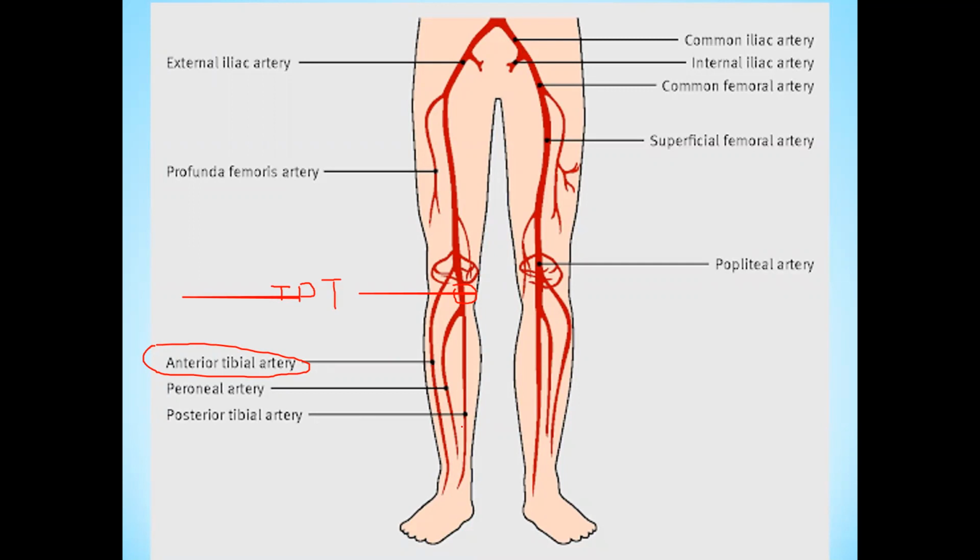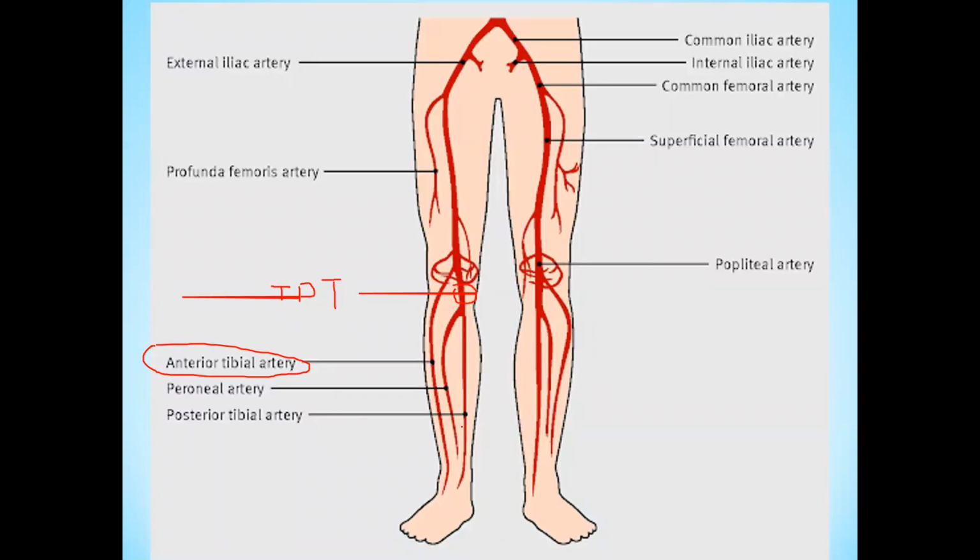Posterior tibial veins are most commonly paired, and they vary in number from 2 to 7. The same way, anterior tibial veins also vary from 2 to 7, and so do peroneal veins.